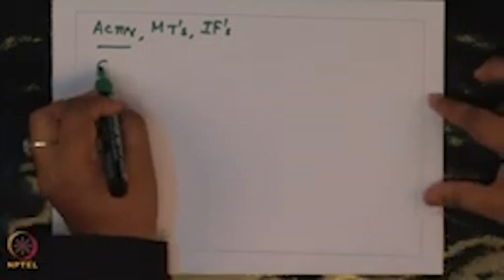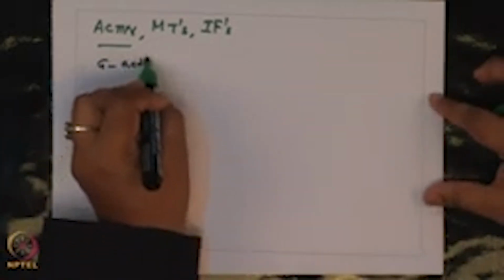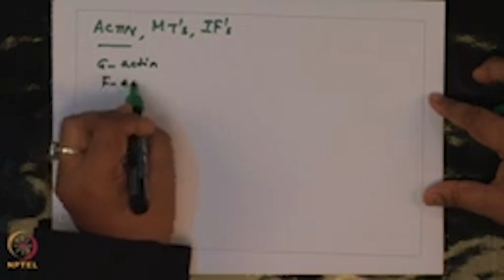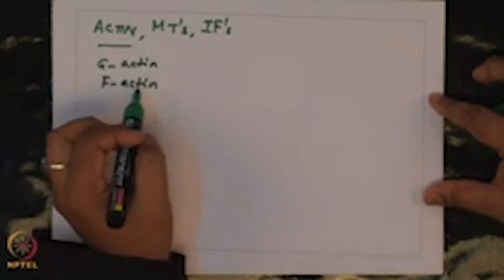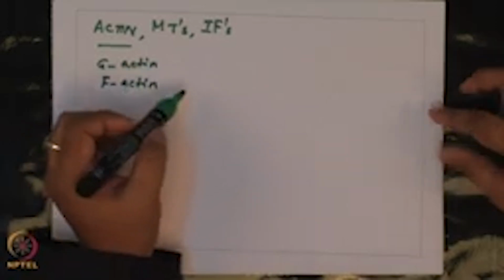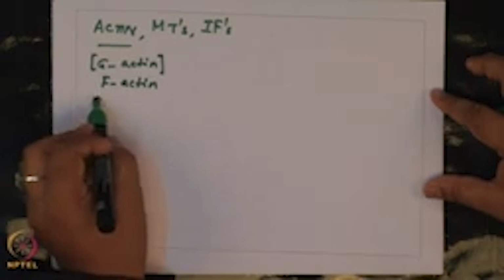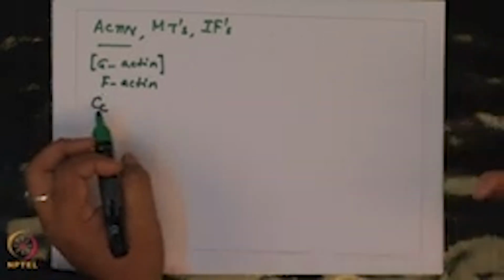So, we have two pools of actin, G actin and F actin. F actin filaments are formed by polymerization of G actin, and the ability to form filaments is dictated by the concentration of G actin. So, below a critical concentration you will not have any filaments.